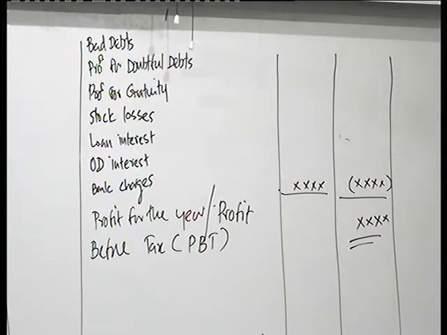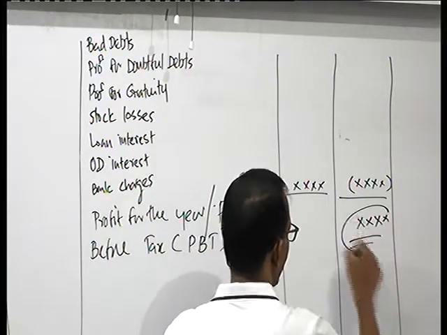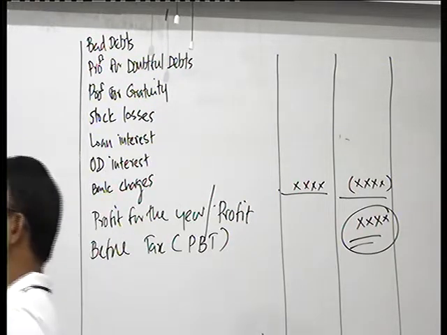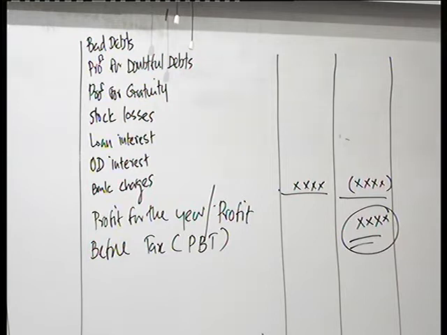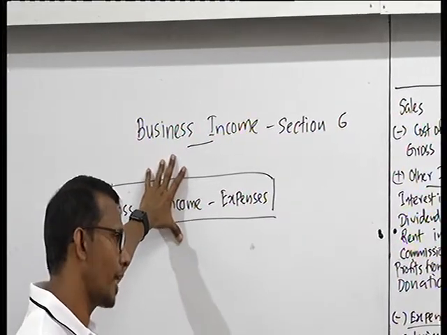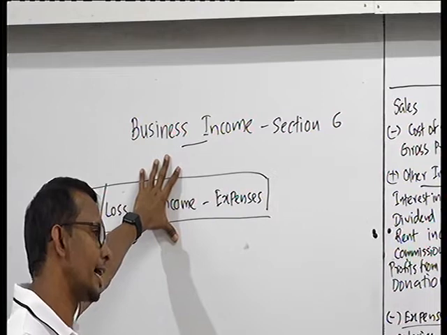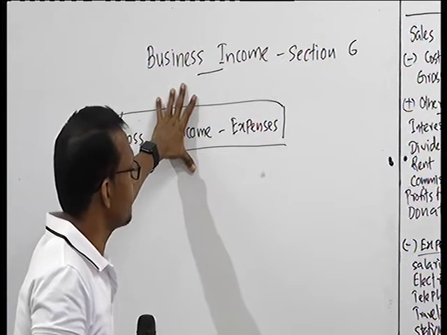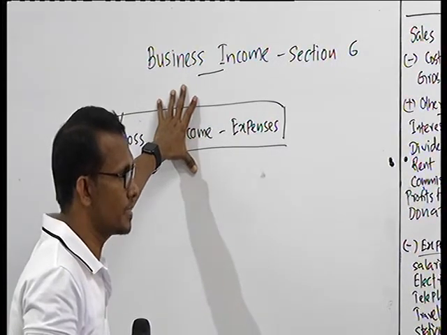But now if you look at this profit or loss, the bottom line of the income statement, does this comply with the guidelines issued under the Inland Revenue Act in calculating the business income? What the Inland Revenue Act says is that when you calculate business income, you should consider the receipts or income from that business and the expenses incurred to generate that business income.